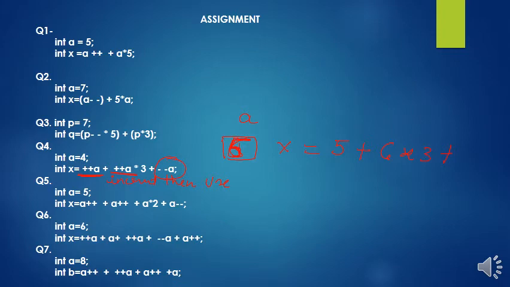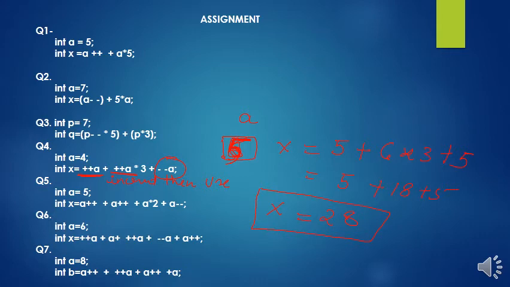First it will decrement, so 6 minus 1 is equal to 5. So it will store the value 5. So 5 plus 18 plus 5 is equal to 28. So x will store the value 28 inside the memory.